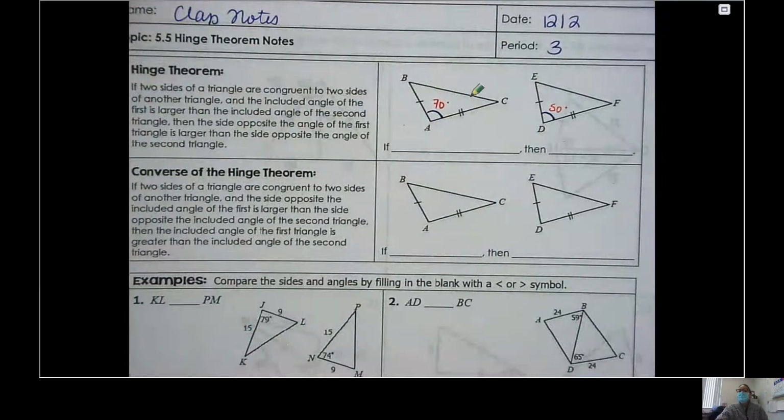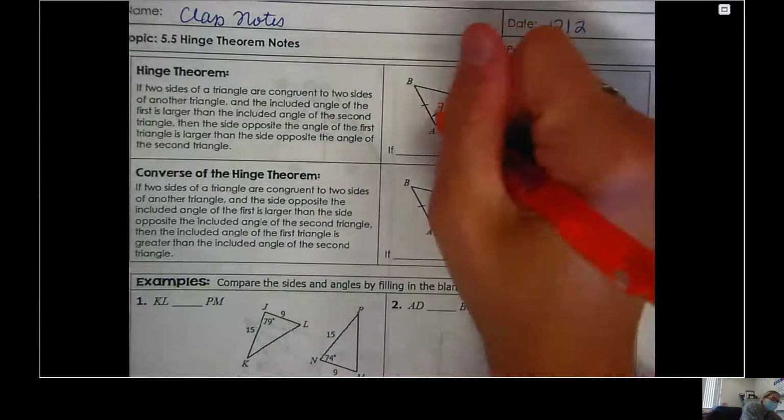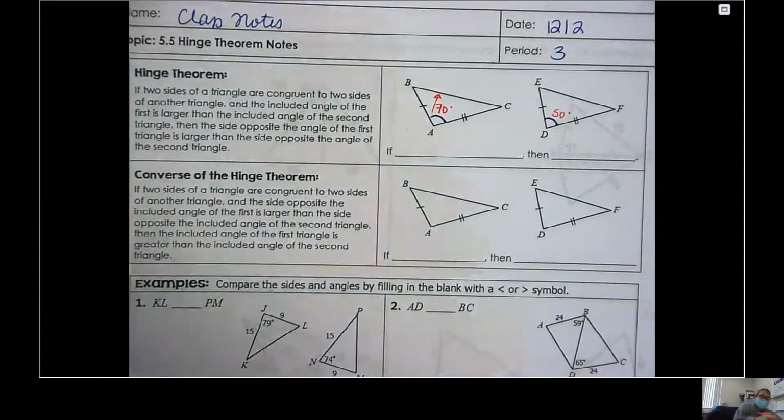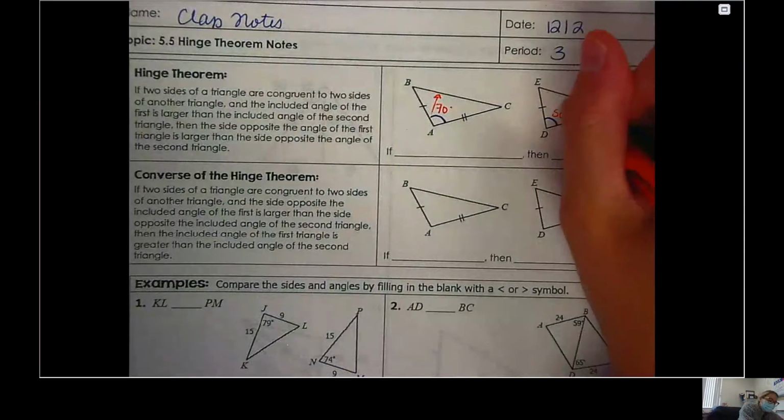If angle A is bigger than angle D, then the side across from the 70 is going to be bigger than the side across from the 50 because it's a bigger number. So which side is across from angle A? BC. Which side is across from angle D?